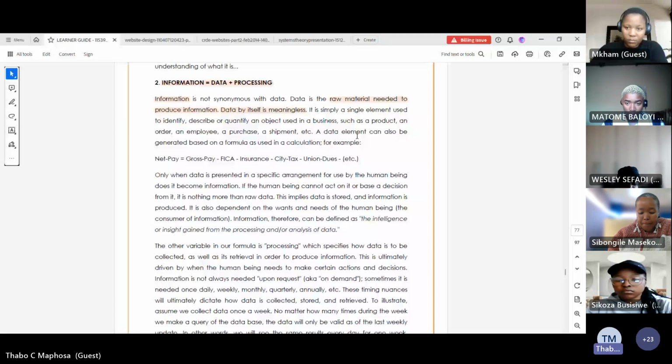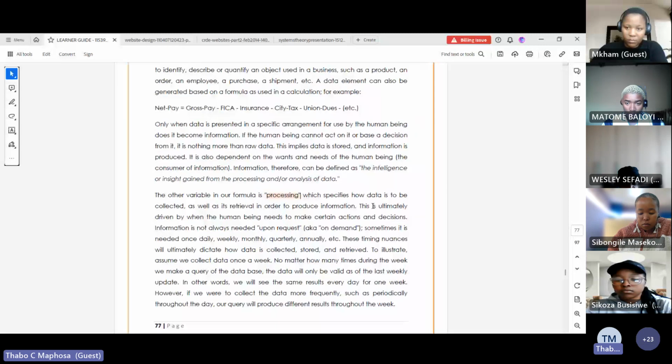But once you take that data, break it down and use it to do something, that is called processing. How do you process the data? You process it by giving it specifics in your desired outcome.